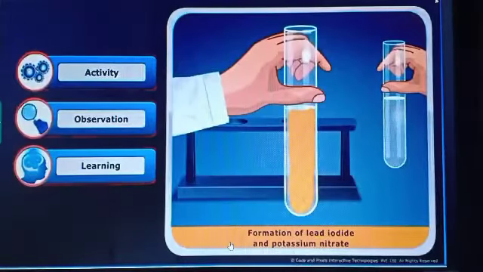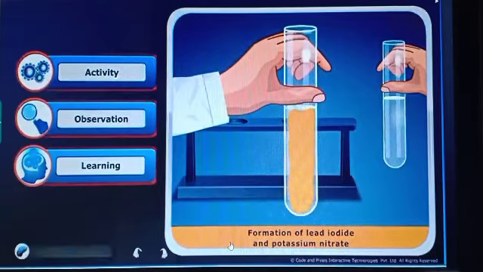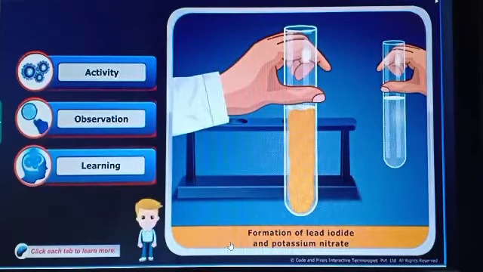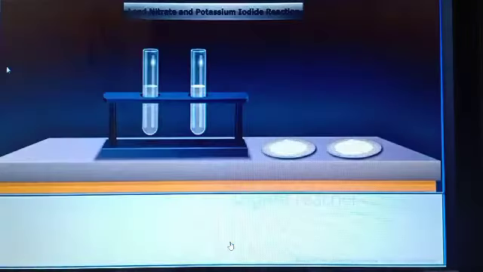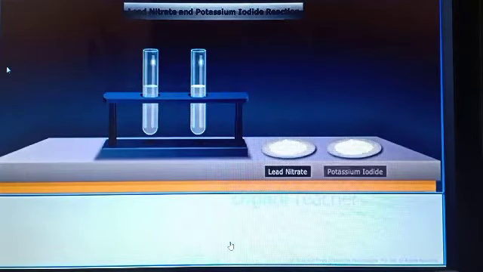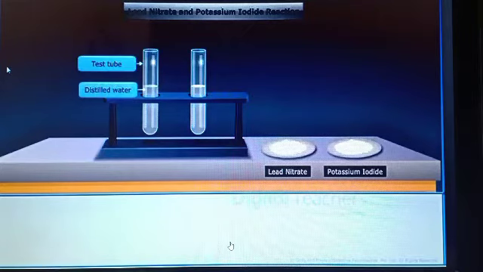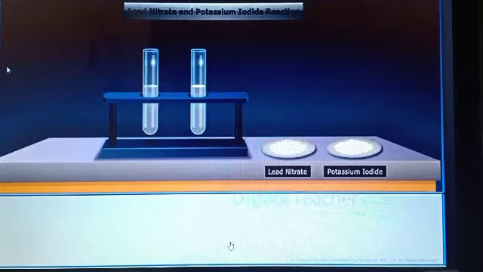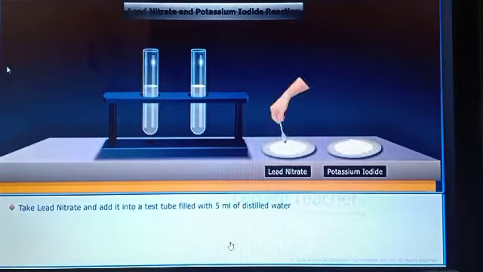Now let's see another activity, the formation of lead iodide and potassium nitrate. Let's see the activity. In this activity we require lead nitrate, potassium iodide, test tubes, distilled water and a test tube stand.